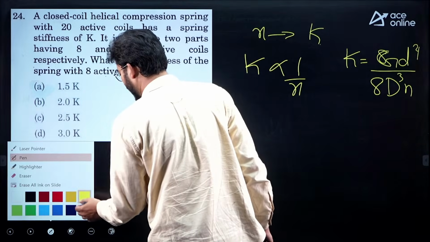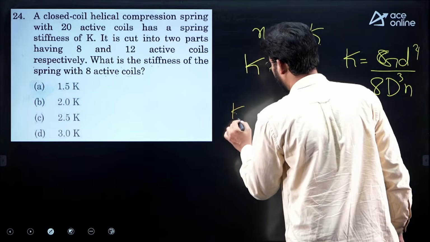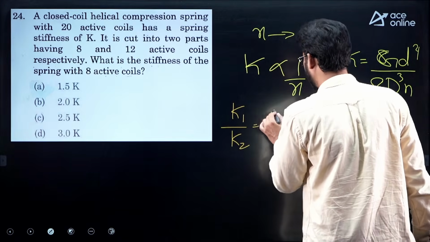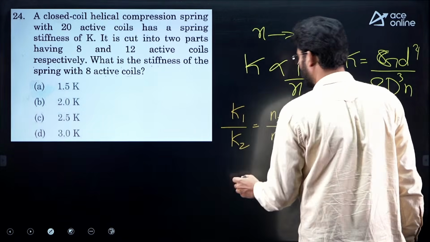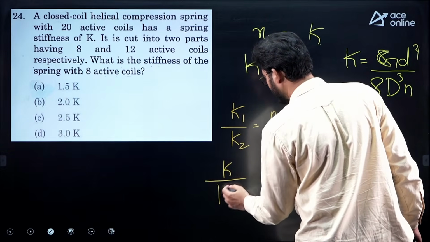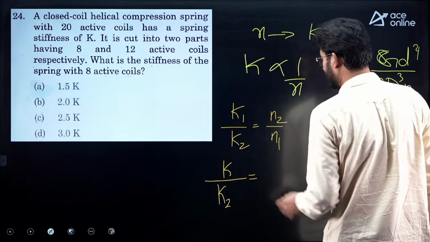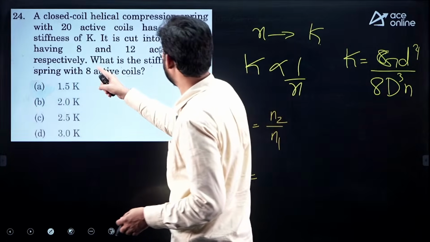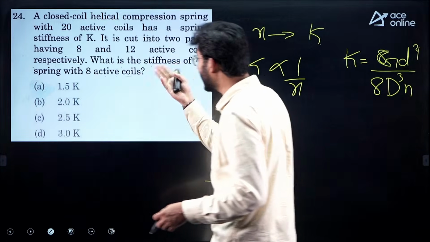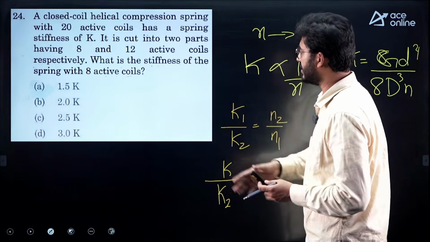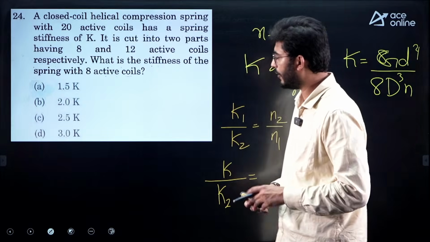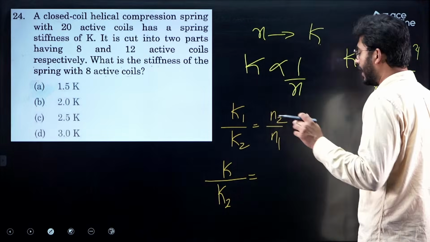So here we can write a relationship between these two. K1 by K2 is equal to N2 by N1. Okay, so initial stiffness is K and the final stiffness is K2, and the stiffness of the spring with 8 active coils. Okay, it is cut into 2 unequal parts. We are required to find out the stiffness which has got 8 coils.